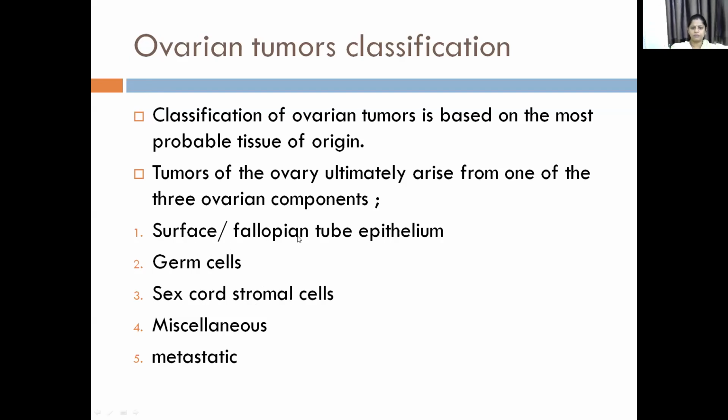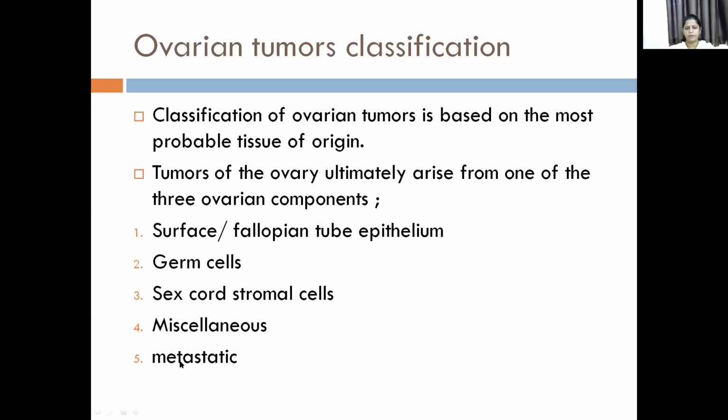If they arise from the epithelium, they are called surface epithelial tumors. Germ cells, germ cell tumors. Stroma, sex cord stromal tumors. Miscellaneous can involve any other, like lymphomas.